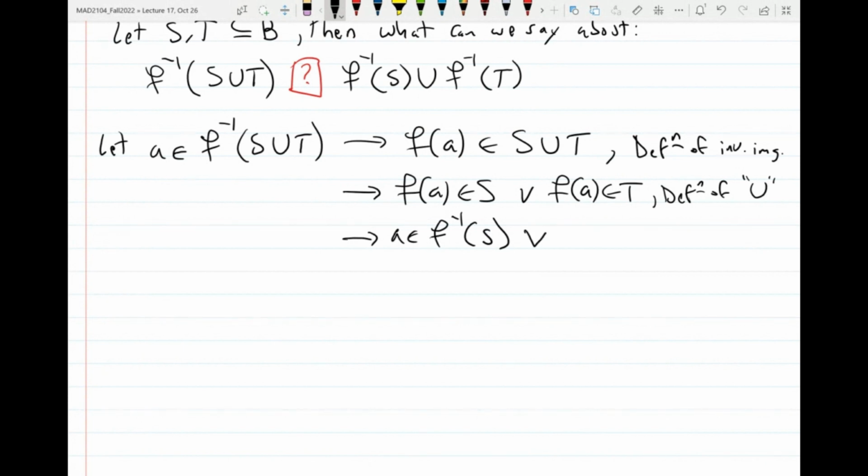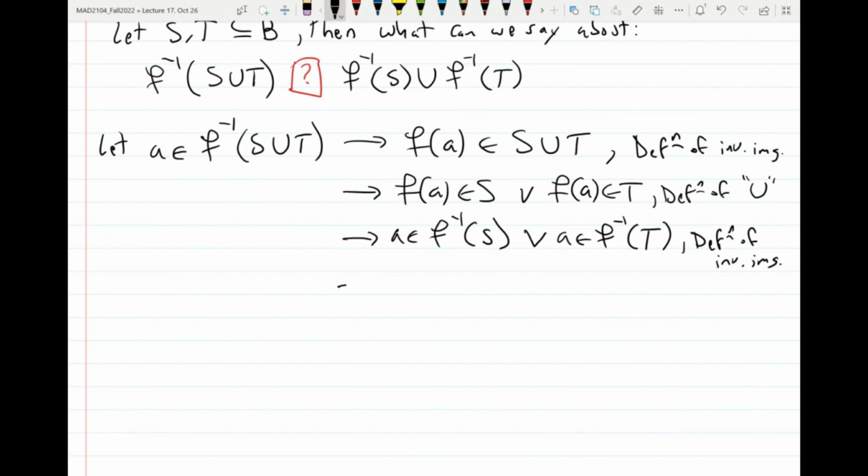Or, what would be the other possibility? The inverse image of T. It's in the inverse image of T. Yes? One of the two. So what do we use here? Definition of inverse image, right? But if it's here or in here, where is it?